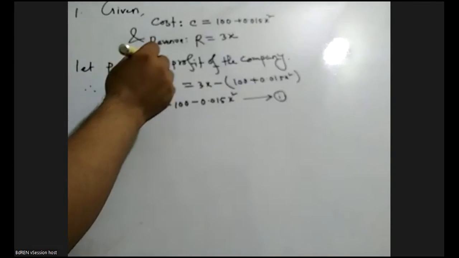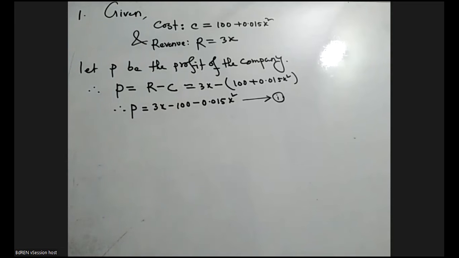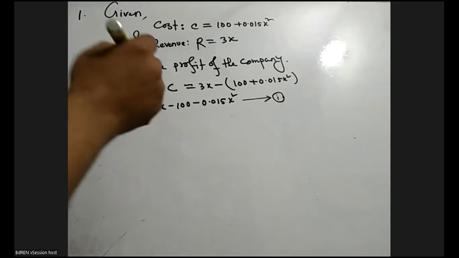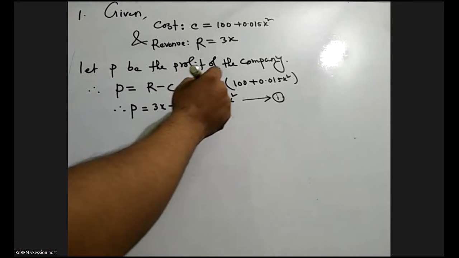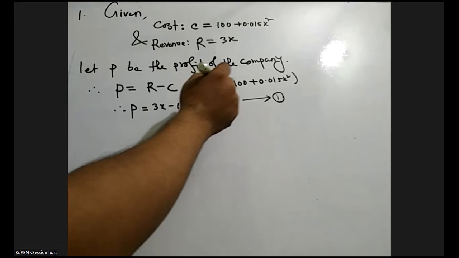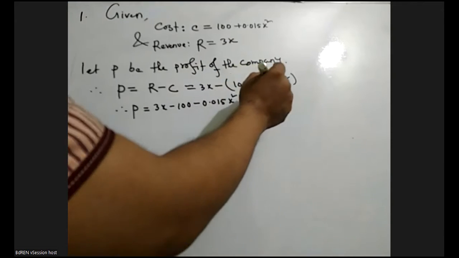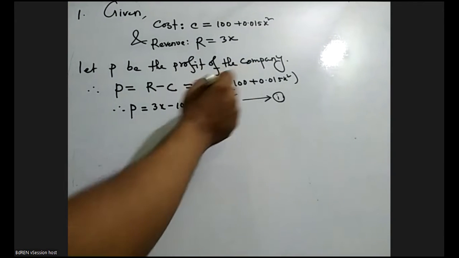So let P be the profit of the company and P profit equals what? Revenue minus cost. So revenue minus cost, that means thrice x minus 100 plus 0.015 x square. So P equals what? Thrice x minus 100 minus 0.015 x square.